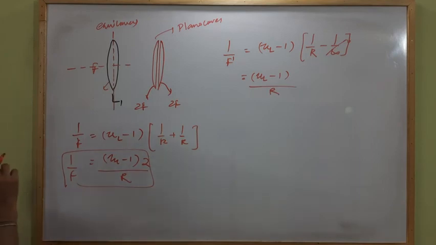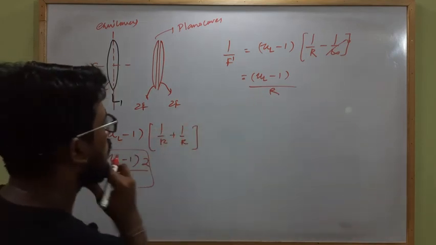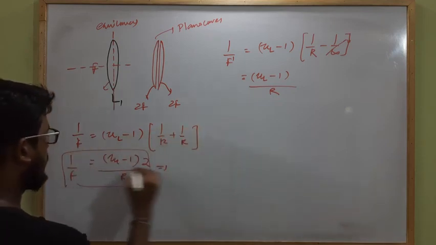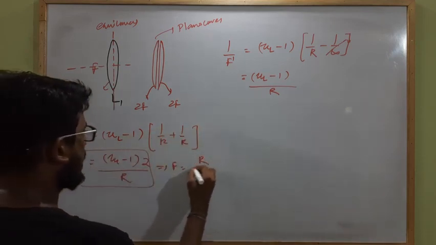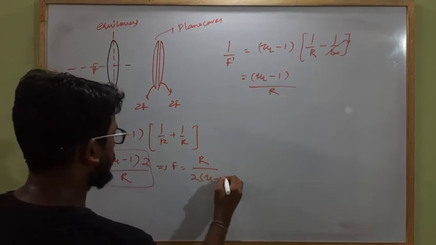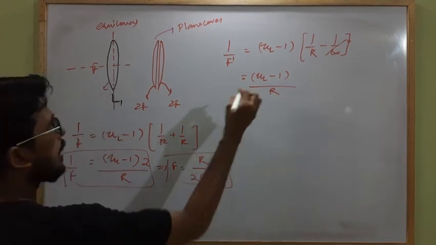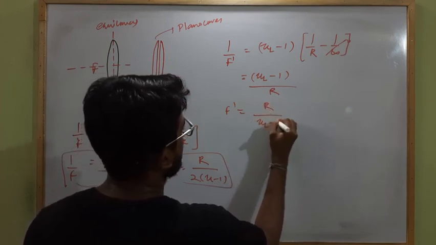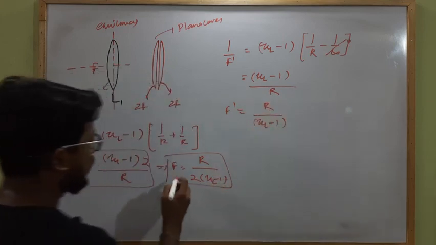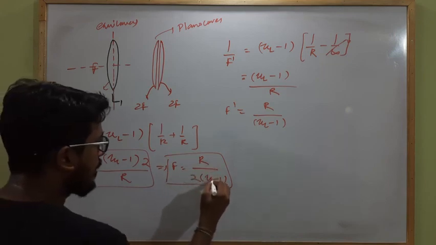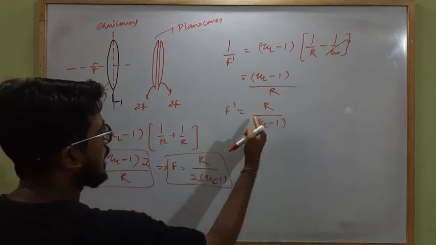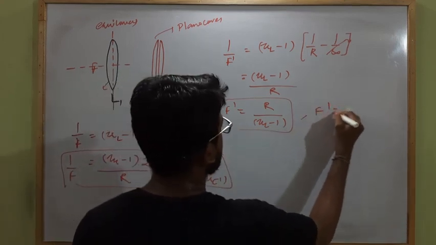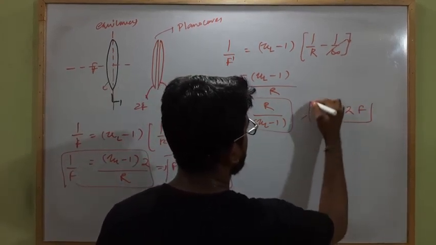Clear? So here the focal length f equals r divided by 2 into (mu l minus 1), and here f dash equals r divided by (mu l minus 1). So you can write f dash equal to 2 into f.